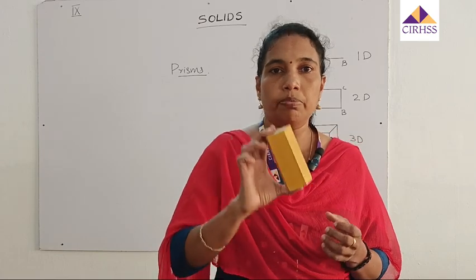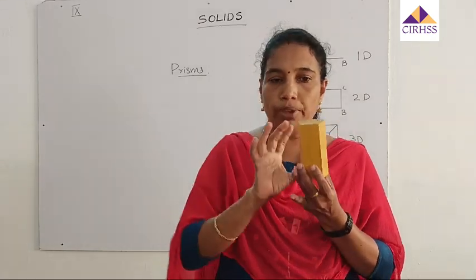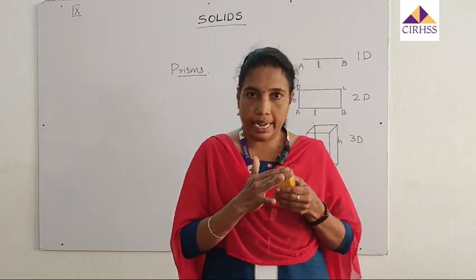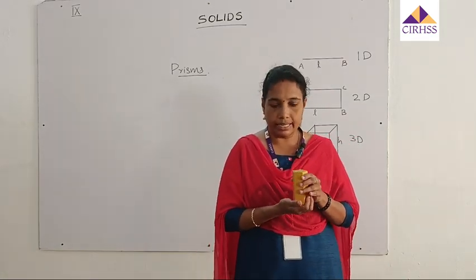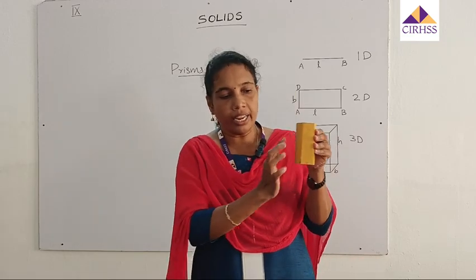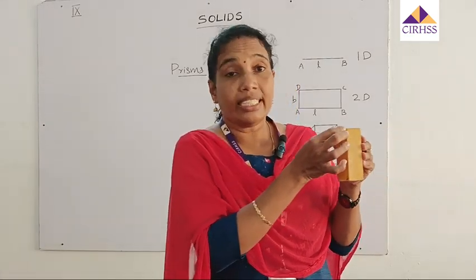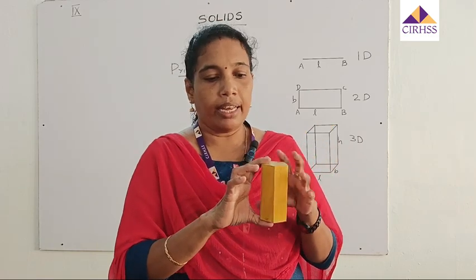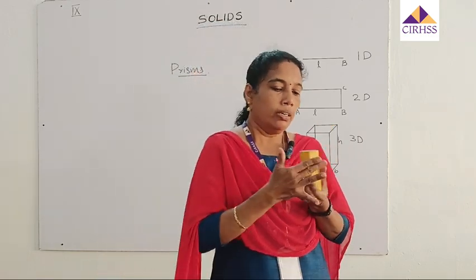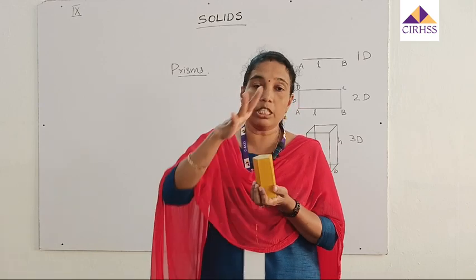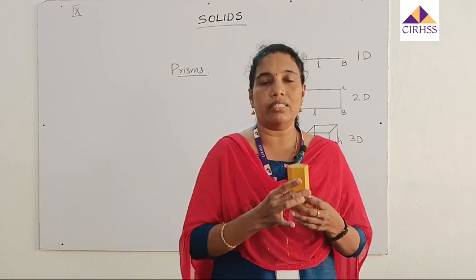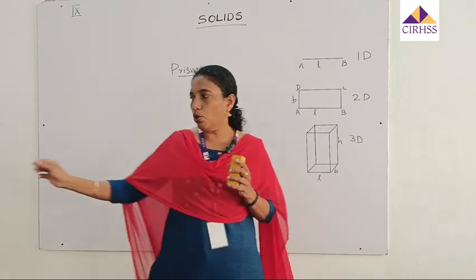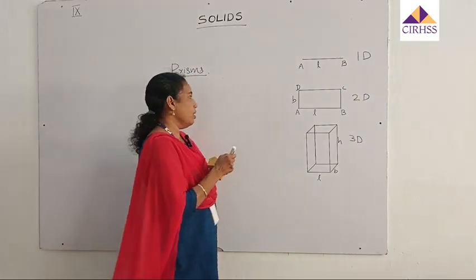That is a prism. The top and bottom are polygons, triangles or rectangles, etc. But the sides are rectangles having the same height. These polygons and rectangles together are known as the faces of a prism.